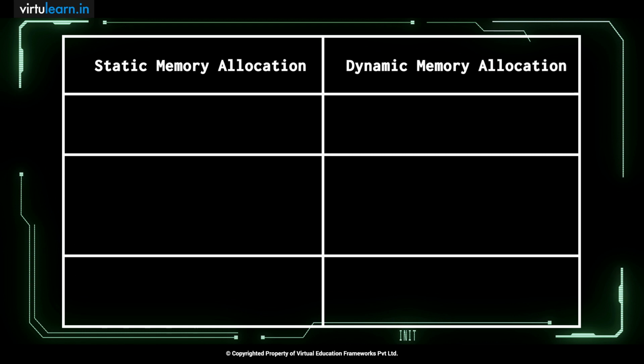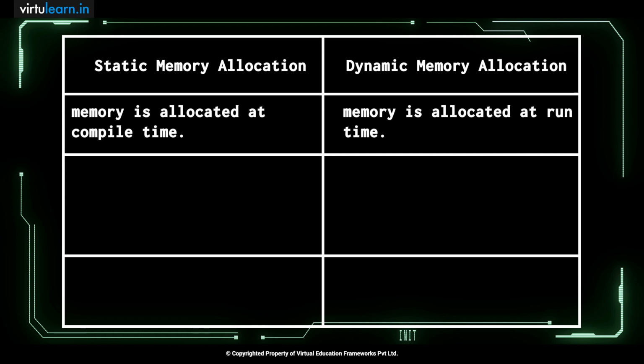Now let us understand the difference between static memory allocation and dynamic memory allocation. Coming to static memory, memory is allocated at compile time. Coming to dynamic memory allocation, memory is allocated at runtime.